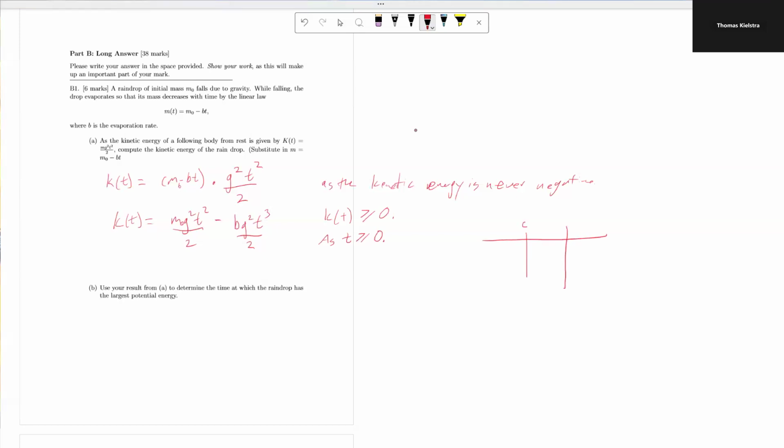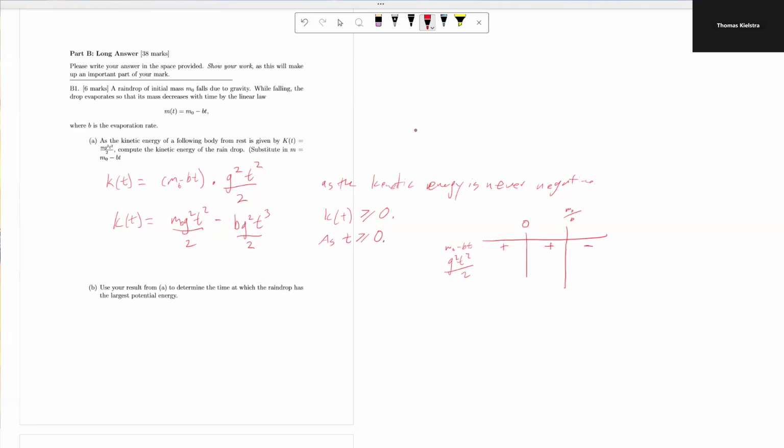We have 0, and we have the root m naught over b. And if we look at our factors, m naught minus bt and g squared t squared over 2, this m naught minus bt is positive and then negative, changing at m naught over b.